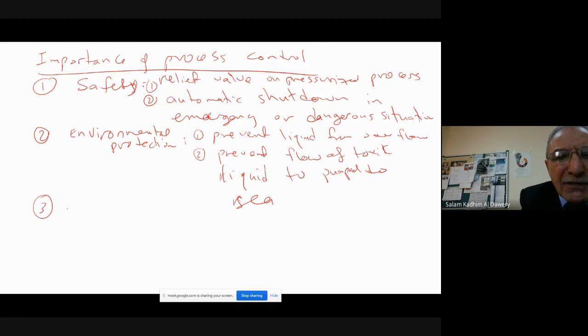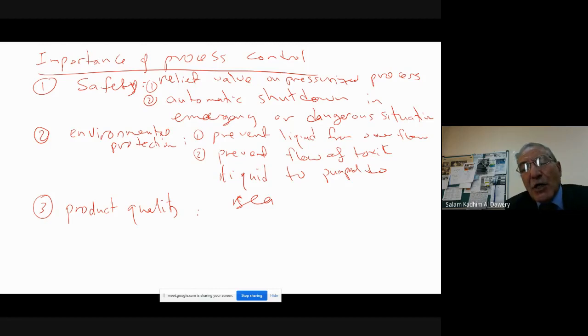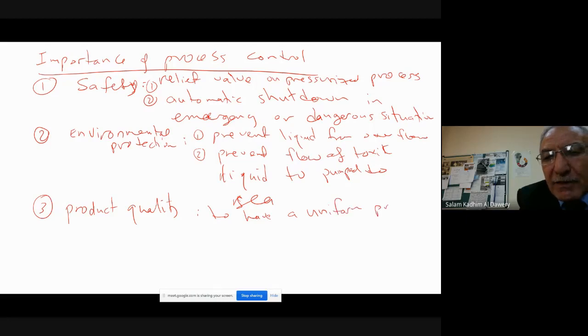Third, product quality. The importance of control in product quality, as I said earlier, is to have a uniform product, of good quality, with constant specifications. Concentration will always be the same out of the reactor.